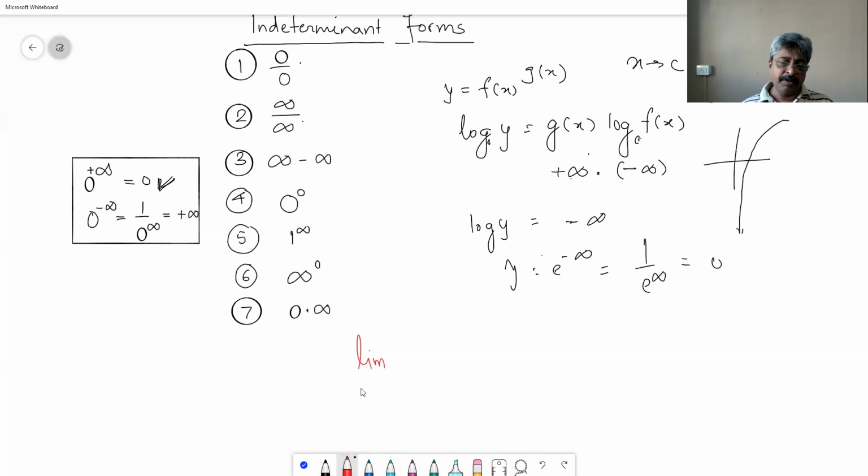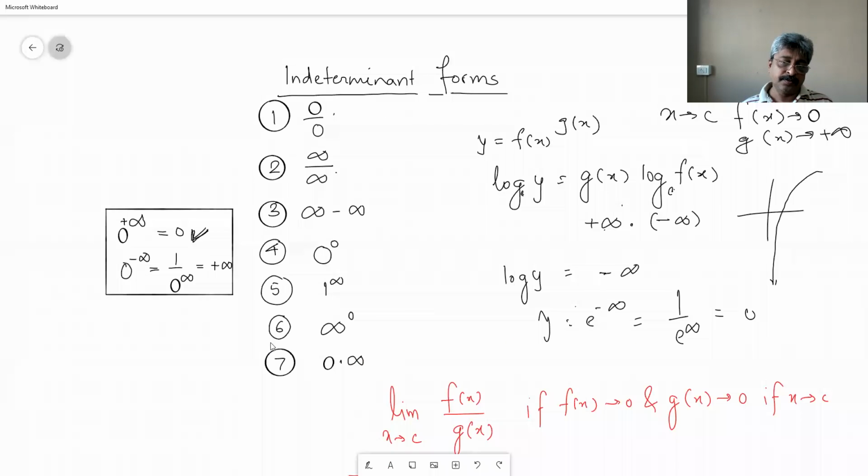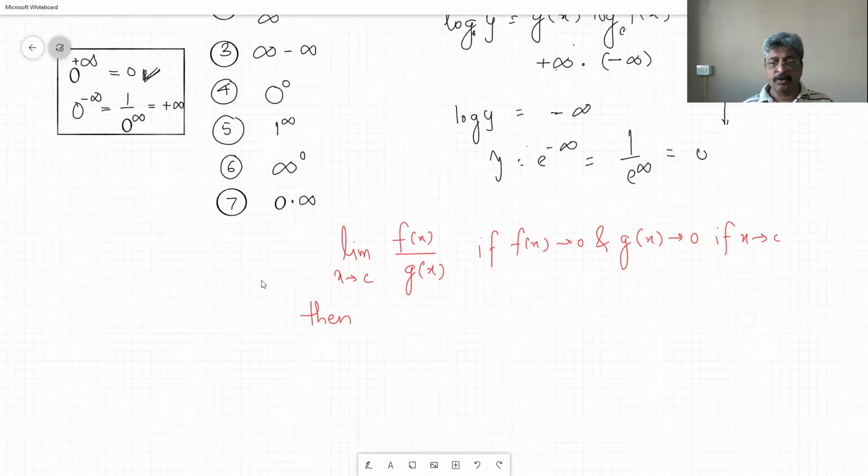If you want to find out the limit as x tends to c of f of x upon g of x, and if f of x tends to 0 and g of x tends to 0 as x tends to c, then, of course, I am writing it in short. When we prove the L'Hopital theorem, we will write the complete correct statement of the L'Hopital rule.